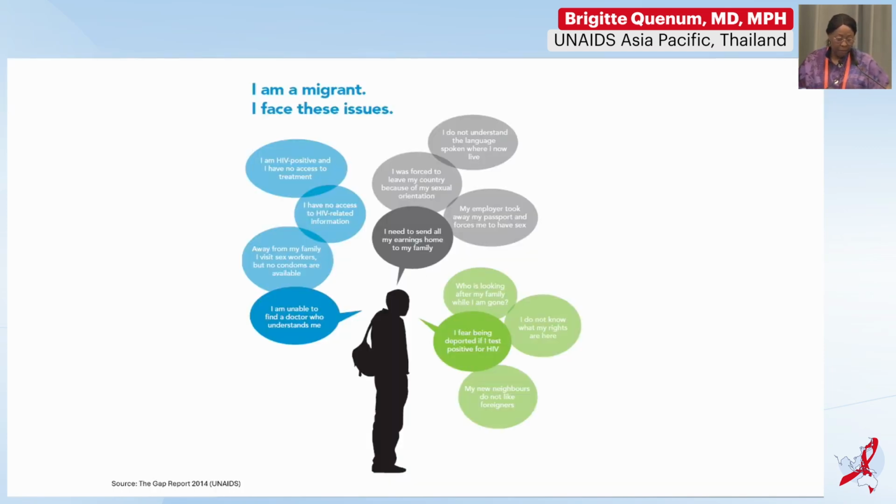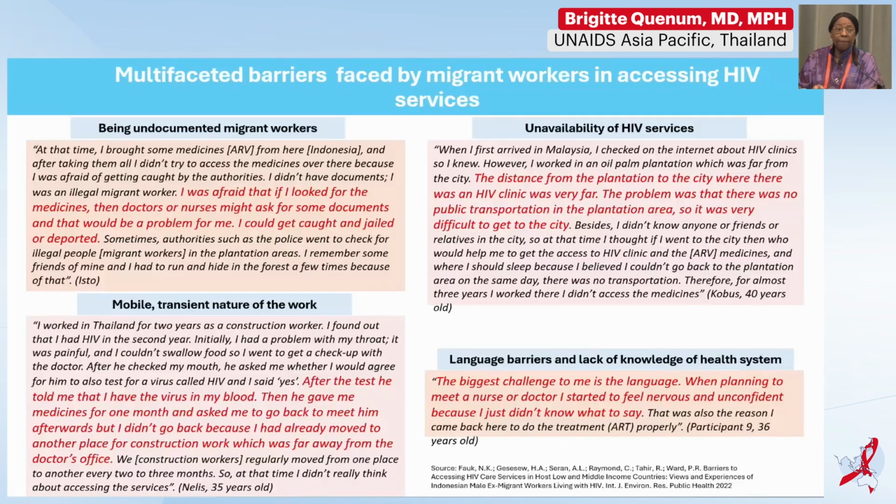So when you are a migrant, you face myriad issues from economic hardships to violations of human rights and denial of access to services. I'm not going to read what is in all the bubbles, but they really illustrate the myriad of issues faced by migrants.